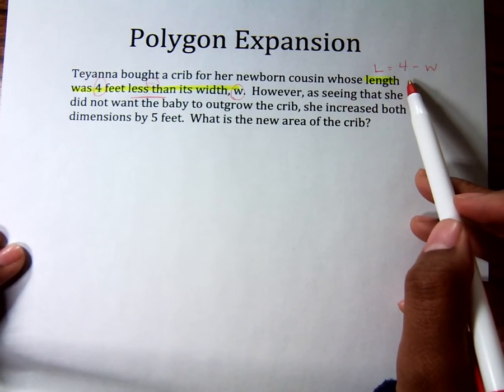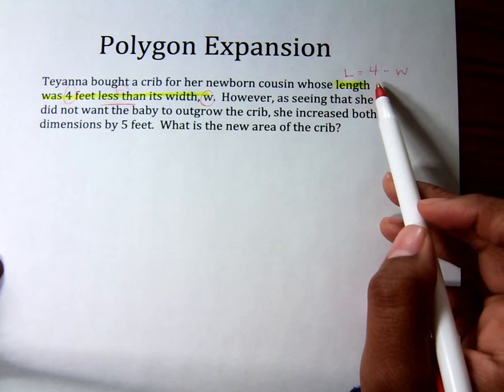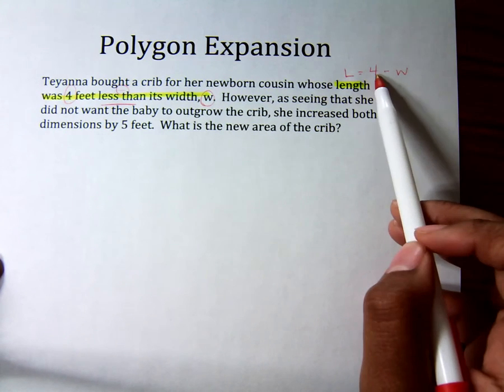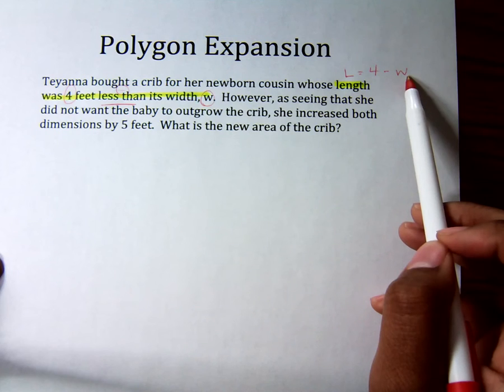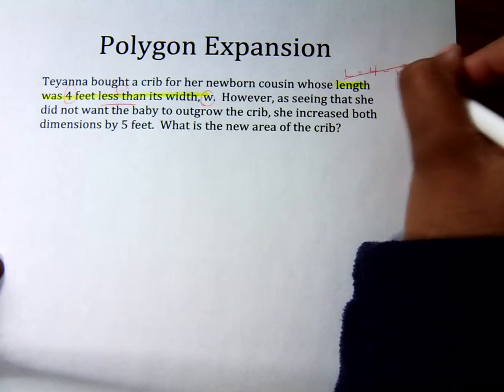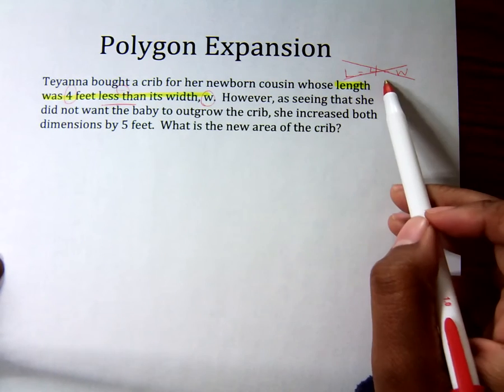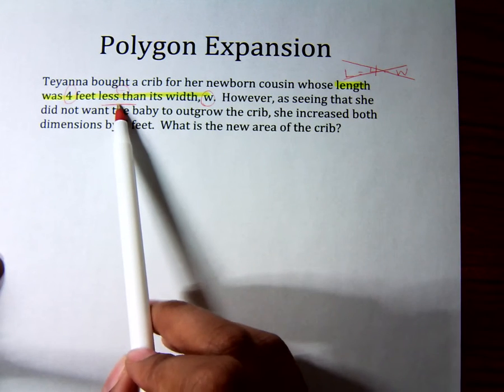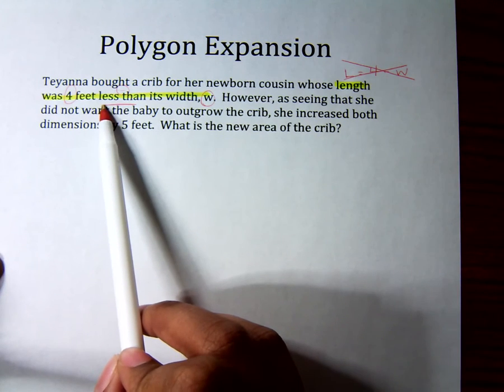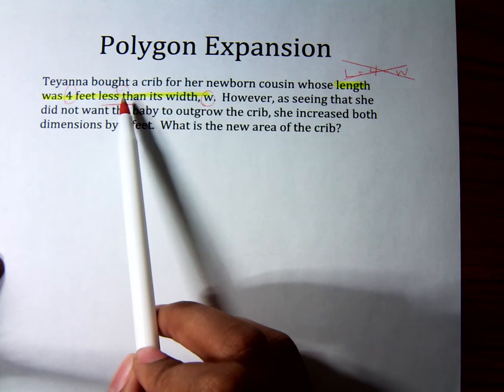However, you see here I have L equals 4 minus W. That is incorrect to write it this way. The reason being is because less than should send a red flag in your head to switch how you write the order.